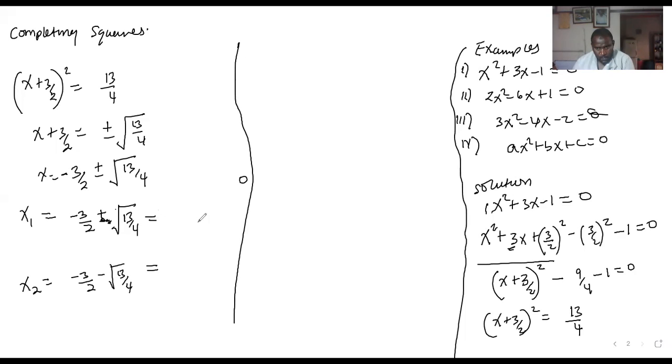The first one is 0.3028. Excuse me, teacher. The second one is 3.3028. Yes, someone says excuse.